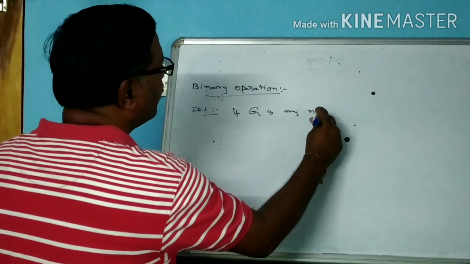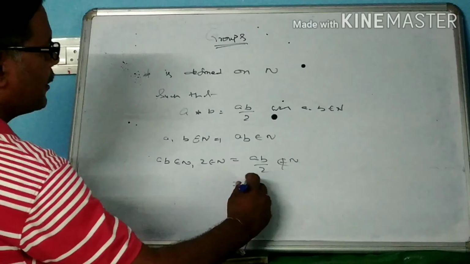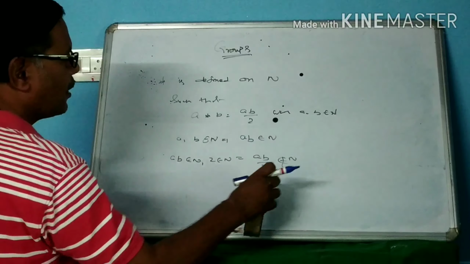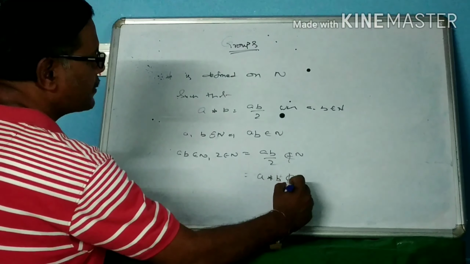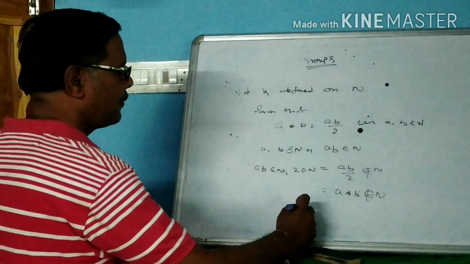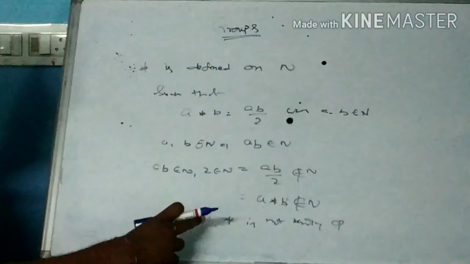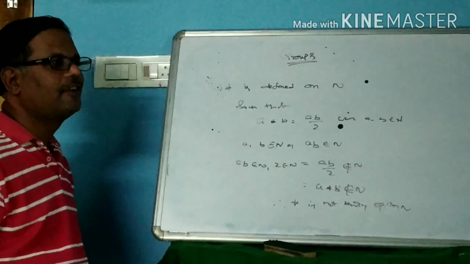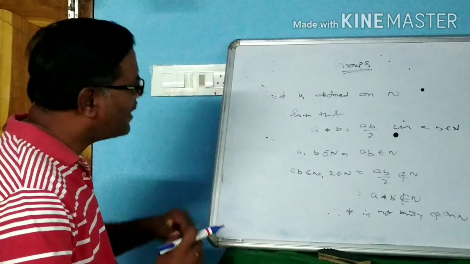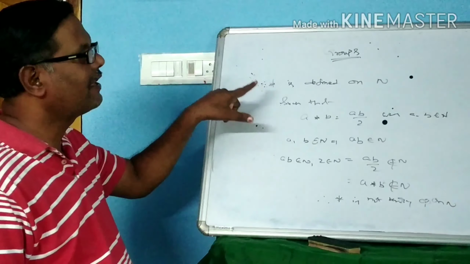But although ab belongs to N and 2 belongs to N, ab by 2 need not belong to N. That means a star b does not belong to N. Therefore star is not a binary operation on N. Many students do not understand the relation between this and the definition.